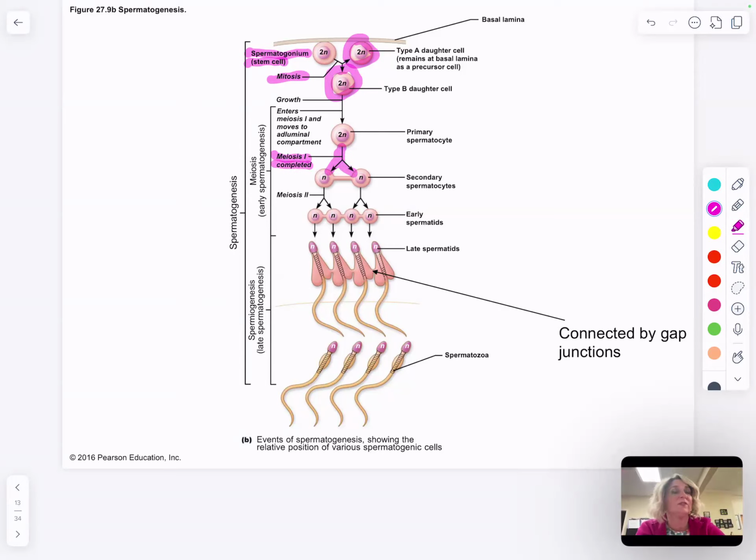It goes through meiosis 1, where it divides for the first time, and then it goes through meiosis 2, where it divides again. So now you have 4 early spermatids. That's the early form of the sperm, until you get late spermatids, and then you can see that there's 4 of them, and they're all 4 completely different genetically. None of them are identical.